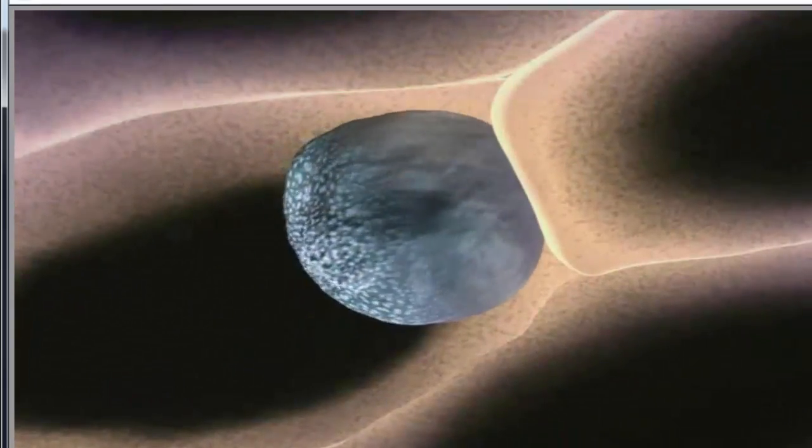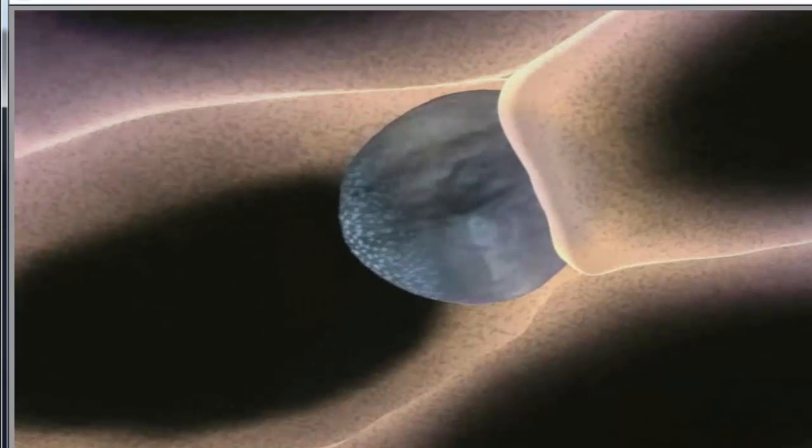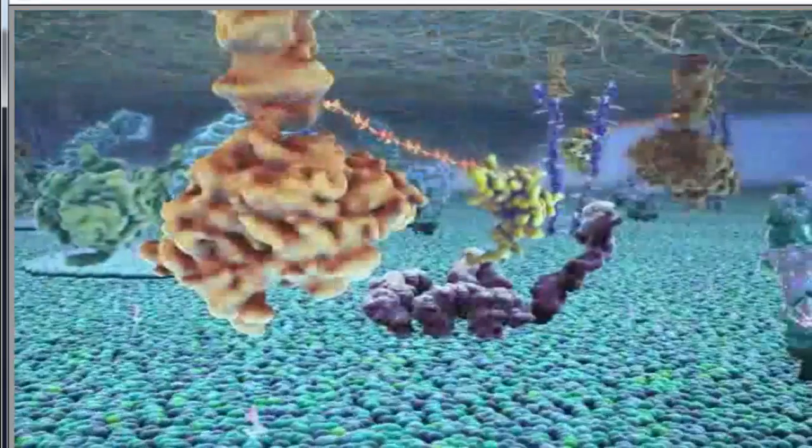The leading edge of the leukocyte inserts itself between endothelial cells, and the leukocyte migrates through the blood vessel wall into the inflamed tissue. Rolling, activation, adhesion, and transendothelial migration are the 4 steps of a process called leukocyte extravasation.